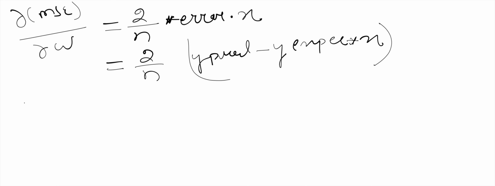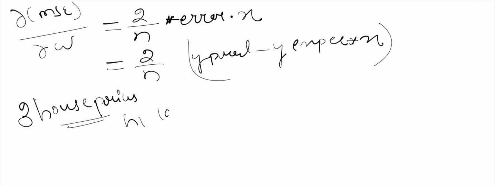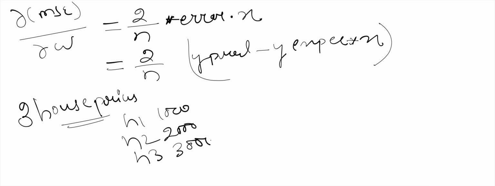See, suppose we have three different house prices. House 1, 1,000 square foot. House 2, 2,000. House 3, 3,000. We have three different house prices, right? For each house, we will apply W and we will get a y prediction value for each.